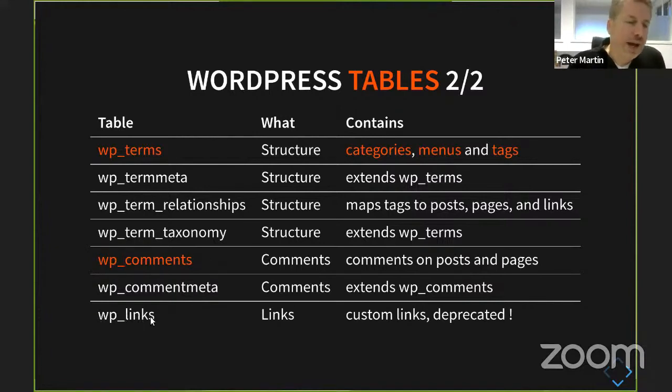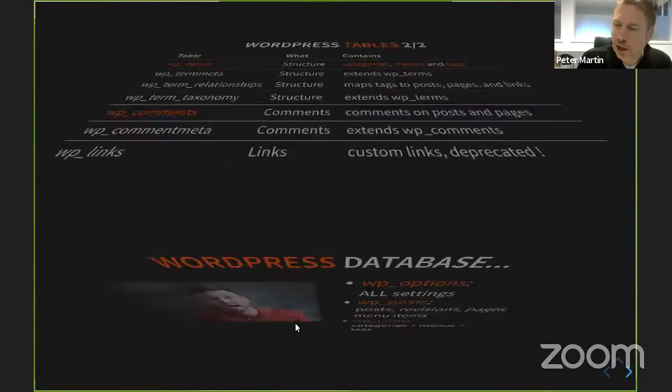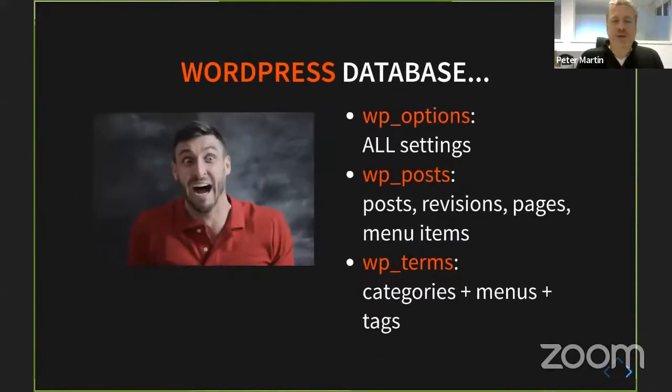And you can also see they have WP links, but that's for custom links, and it's deprecated, so not used anymore. So yeah, this is how WordPress organizes the data. And of course, I'm not objective, but if I look at this table and I look at Joomla's table, then I prefer Joomla's organization of data.